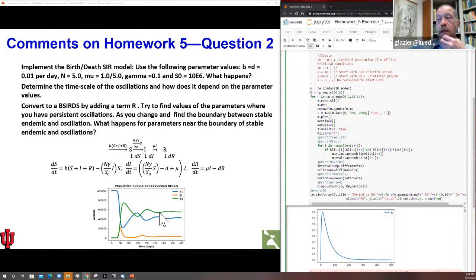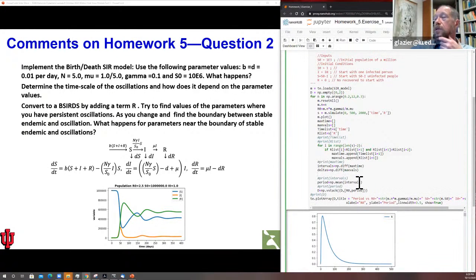So that gives me the difference in height between this peak and this peak and this peak and this peak. And the exponent would be the logarithm of the difference in this divided by the difference in time. And I'm not sure, can I take a log of a NumPy array? Does that work?